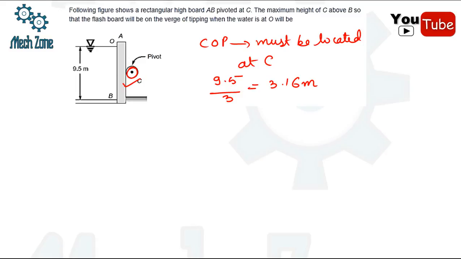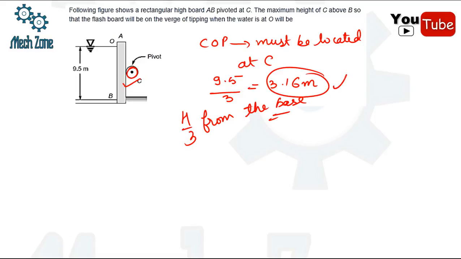And for a rectangular plane surface of height h completely inside the fluid, the center of pressure is actually at a distance of h by 3 from the base. So the center of pressure for a rectangular plane surface which is completely inside the fluid is at h by 3 distance from the base. So the answer is 3.16 meter. This question was very simple, just a one-line question, and it is quite probable that it can be asked from us.